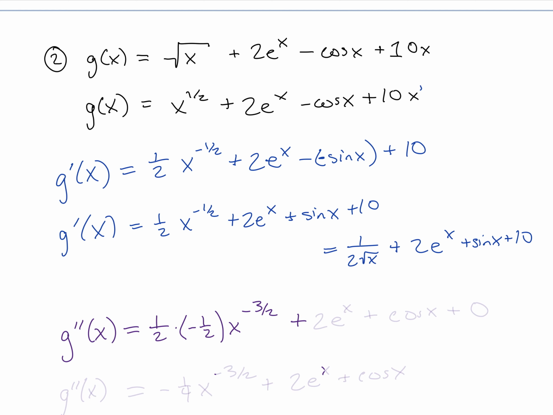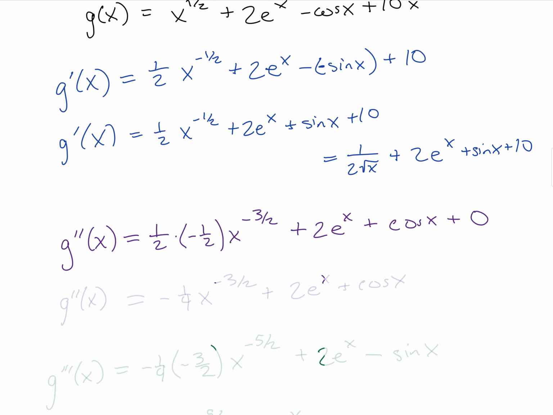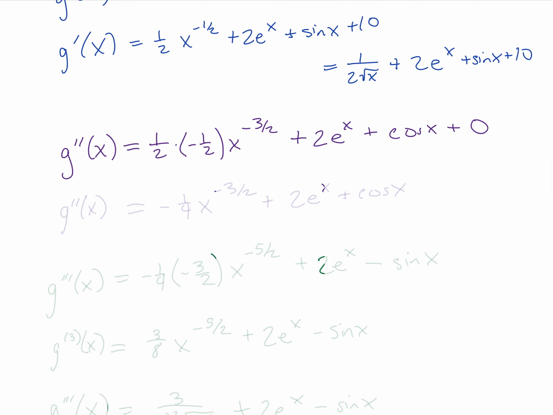Plus the derivative of 2e to the x, which is just 2 times the derivative of e to the x, plus the derivative of sine of x, which is cosine of x, plus the derivative of 10, which is just 0 because 10 is a constant.